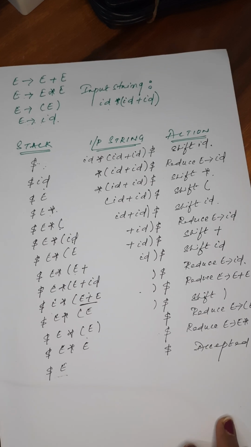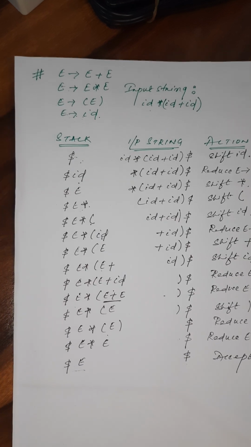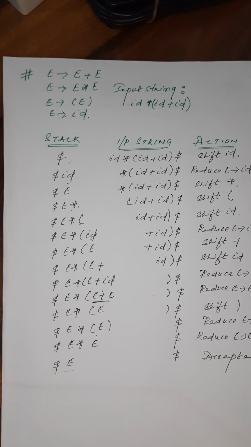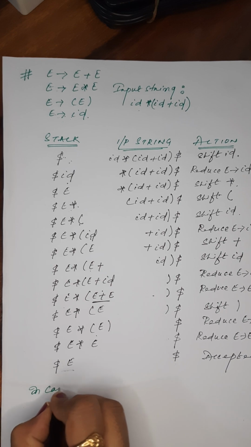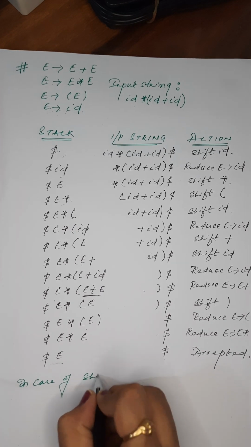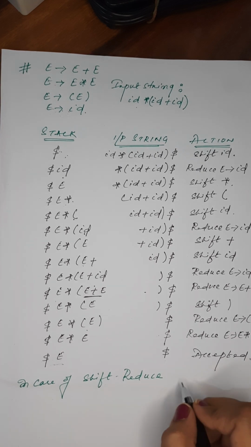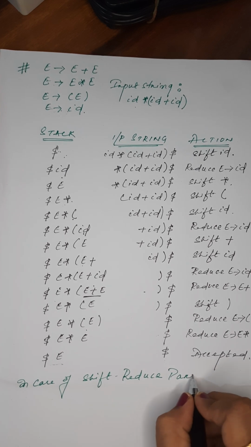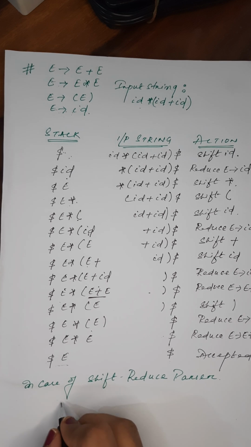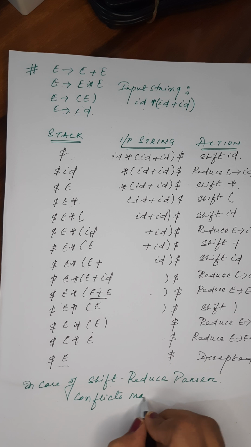Okay, but we have some exceptions also, because we have different types of bottom up parsing, so we have to see the exceptions also. Okay, so in case of shift reduce parser, conflicts may occur.